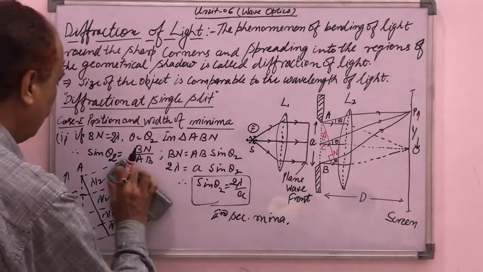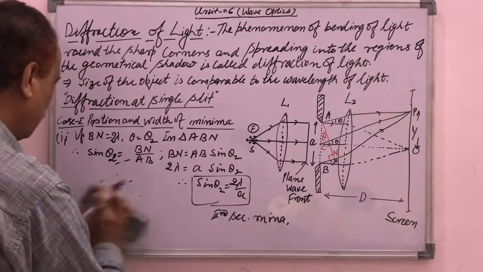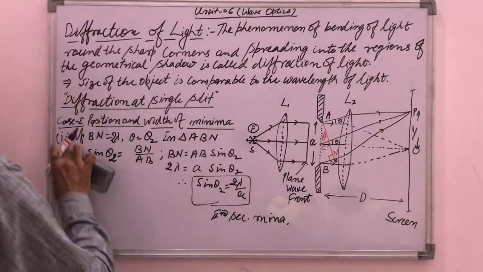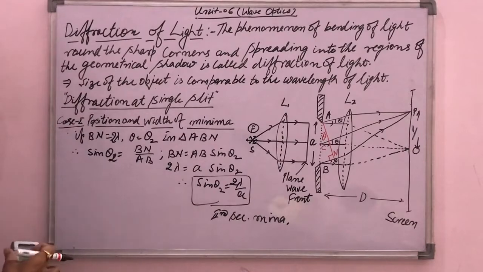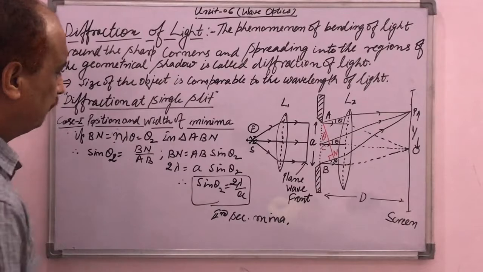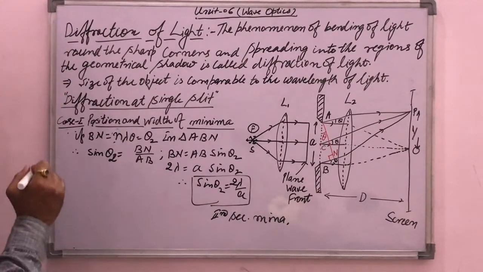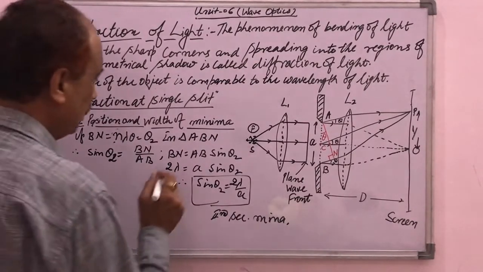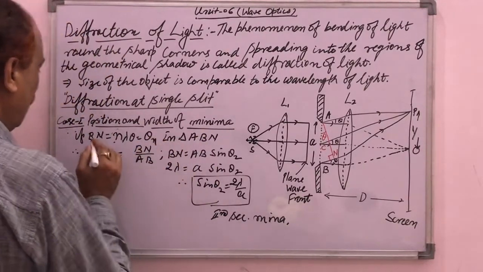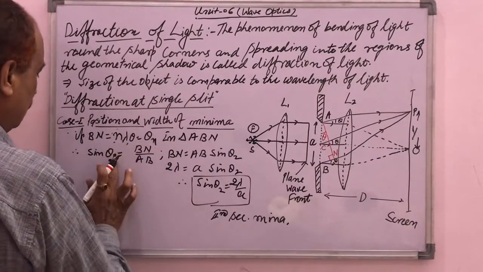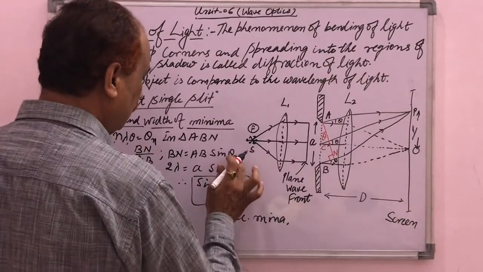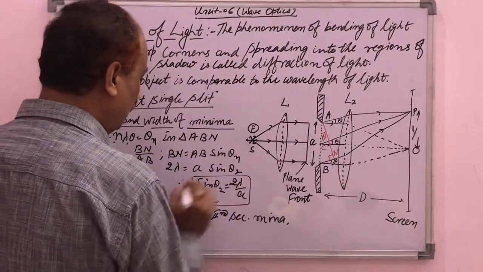Now similarly we can find out for the third situation, for the fourth situation, and after that we have to find out the value for the nth situation. So if Bn equal to n lambda is the path difference for the nth dark fringe, again in this same triangle, if theta equal to theta n and Bn equal to n lambda, then sine theta n will be equal to Bn upon AB, that is Bn equal to AB sine theta n.